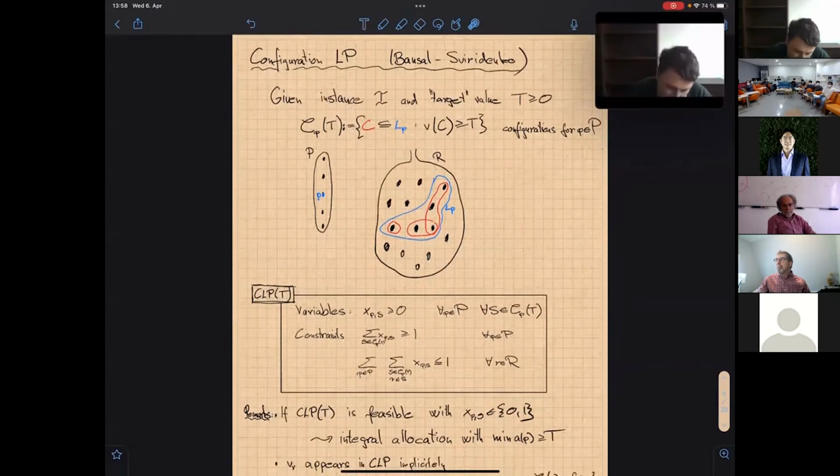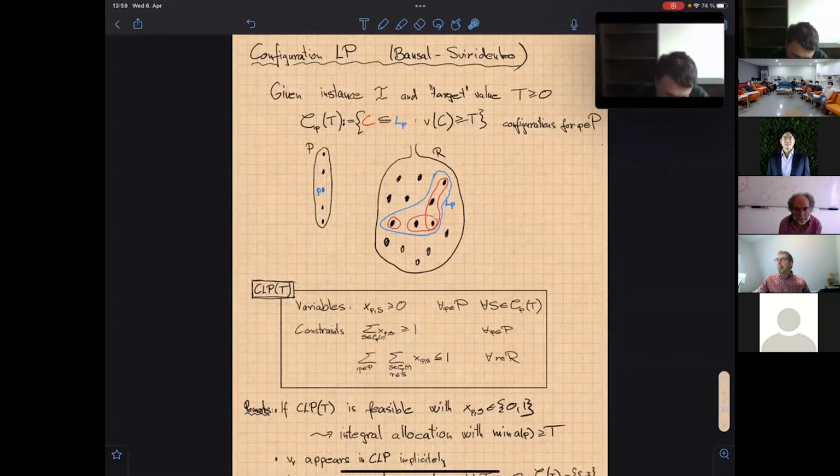I would like to explain this LP in some detail, because the whole idea of how we apply our tools for independent transversals is dealing with this LP. So that requires a little bit of attention.